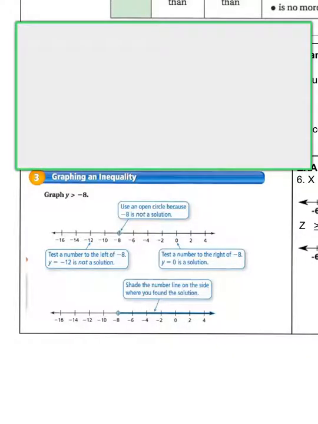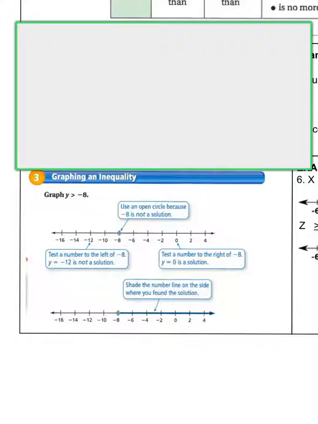Okay. When you are graphing an inequality, there are a couple tricks. The first thing you can see here is we have y is greater than negative 8. I know my first number is negative 8, so I have an open circle there.